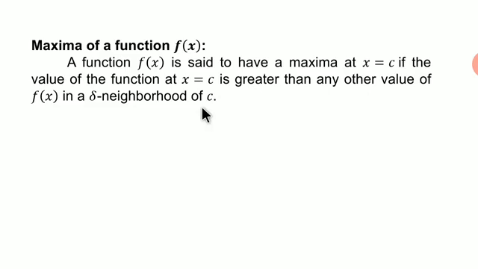See the definition. A function f of x is said to have maxima at x is equal to c if the value of the function at x is equal to c is greater than any other value of f of x in a delta neighborhood of c.